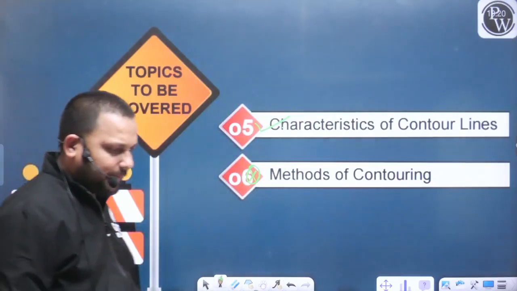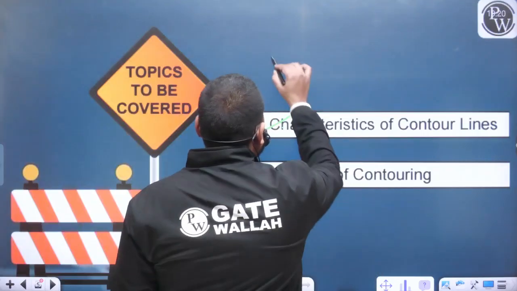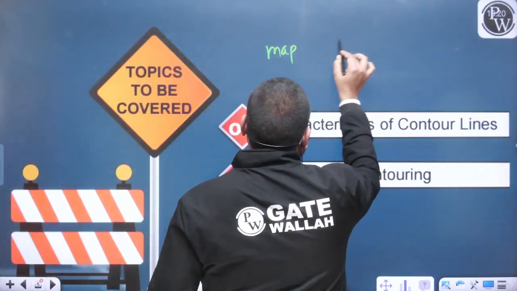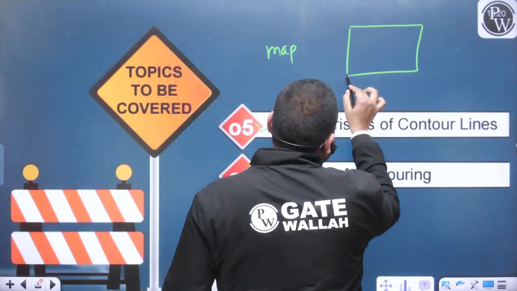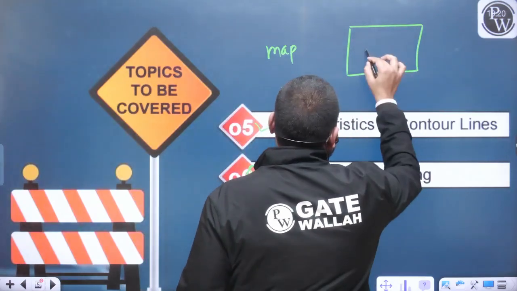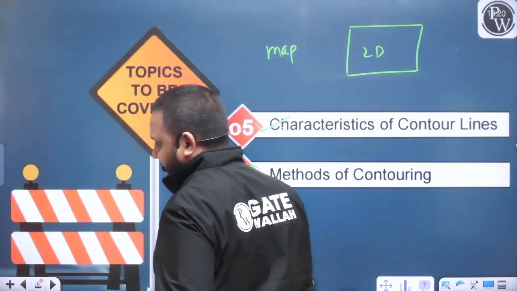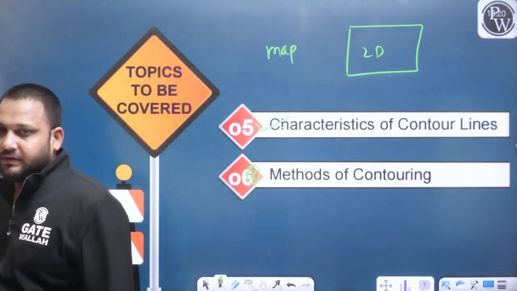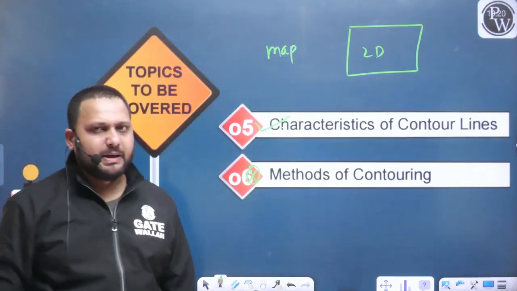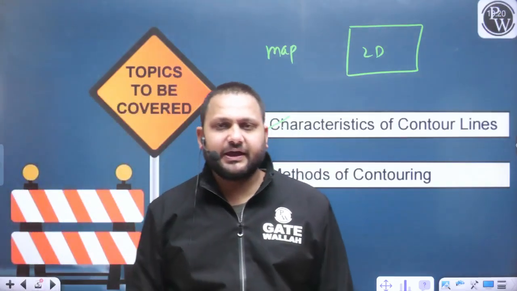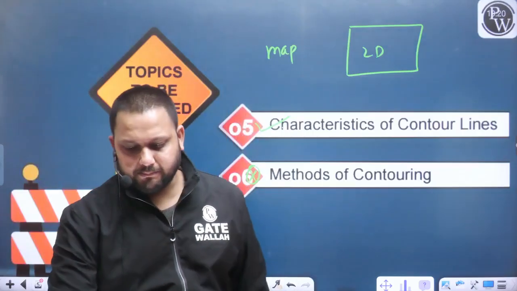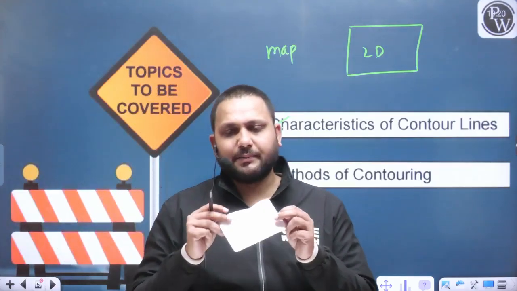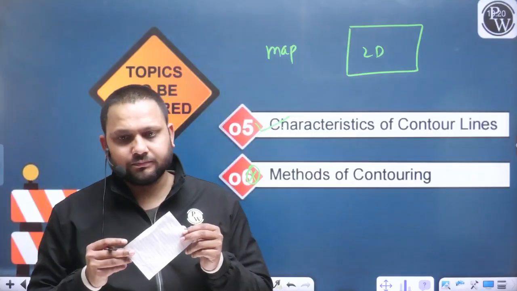Let's say in general I am talking about any map. So I hope you all will agree that a map is a 2D feature, yes or no? Whenever you see any map, that map will be in two dimensions, yes or no?